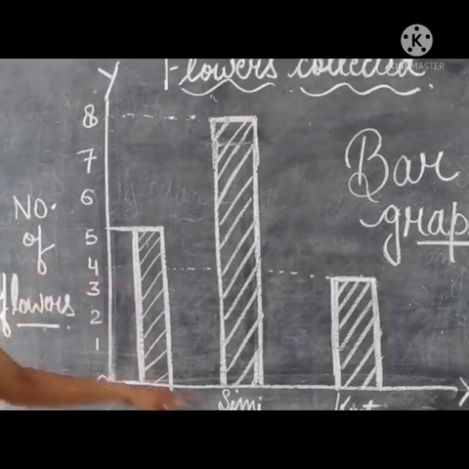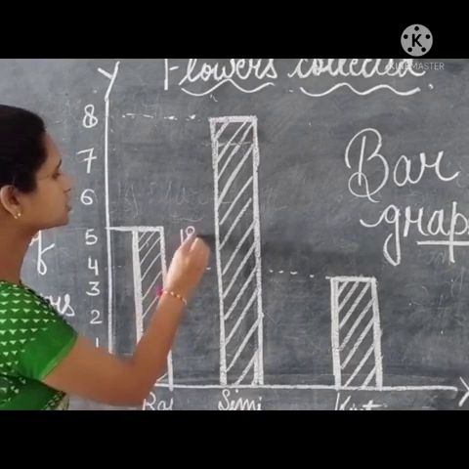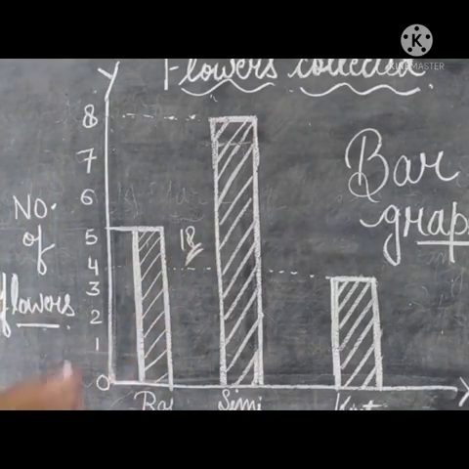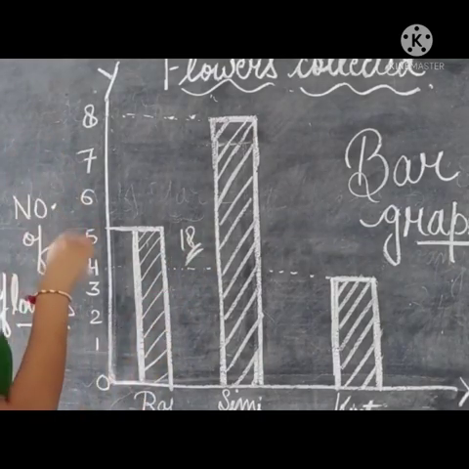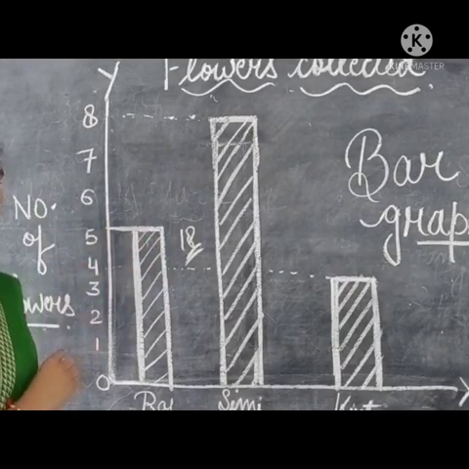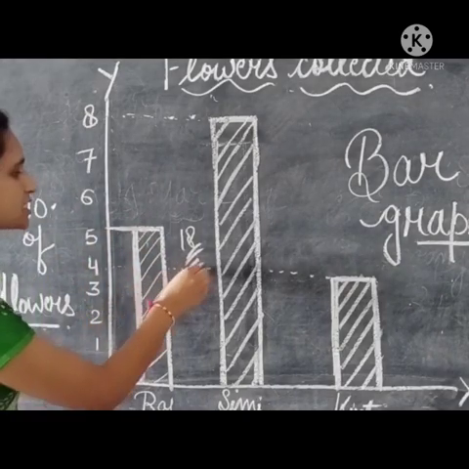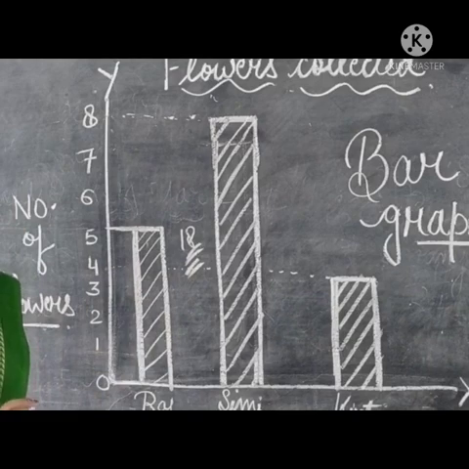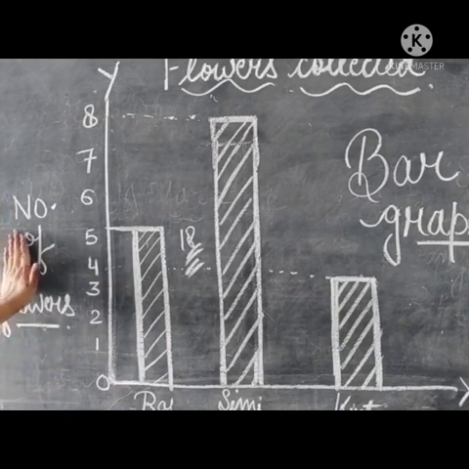If Simi collected 18 flowers, then our maximum scale number should be up to 20 or 18, depending upon the maximum number that we have in our data. Okay, so this is our bar graph.